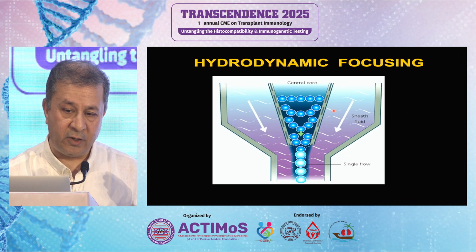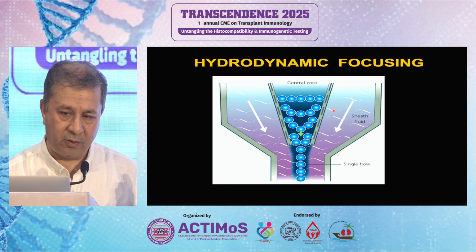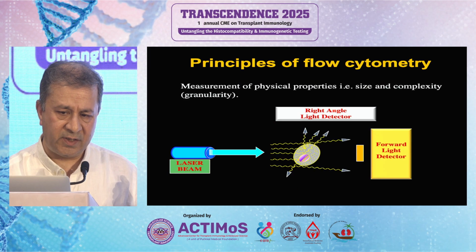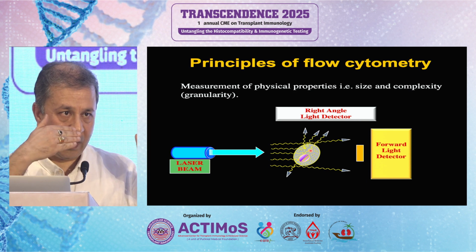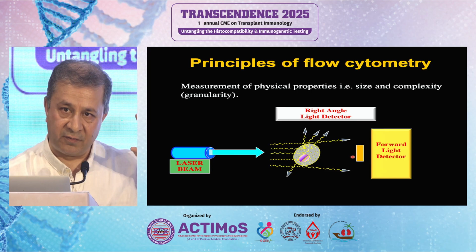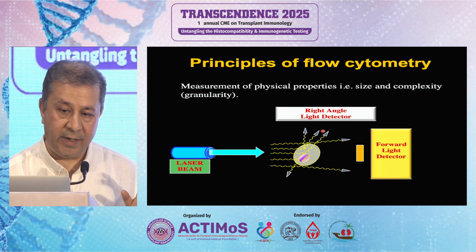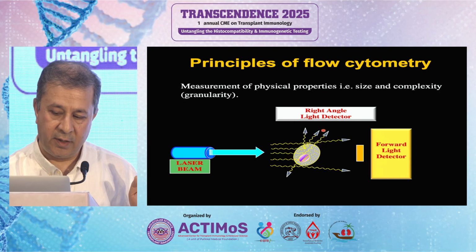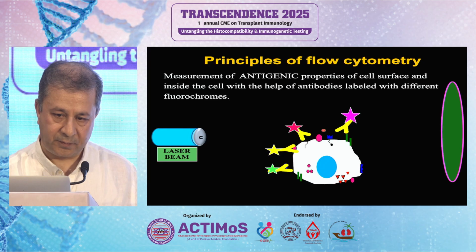And the cells are expected to flow in a single straight line by hydrodynamic focusing. We'll not get into details, but just remember, when the laser light falls on the cell, it'll obstruct the light, and because it obstructs, it causes a shadow, and that gives you the relative size of the cell. And whatever falls at the right angle gives you the complexity of the cell. You're able to identify your cell types from the laser falling on the cells.